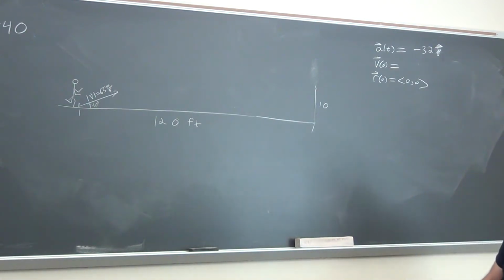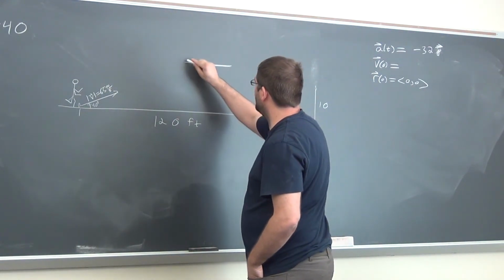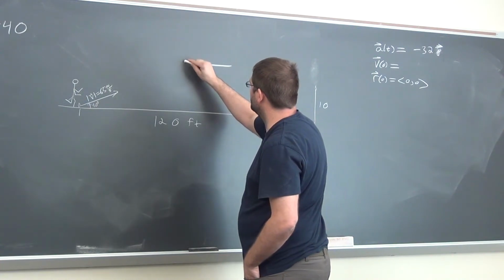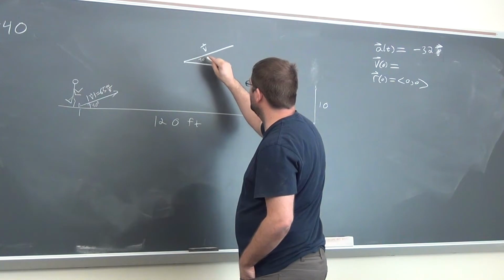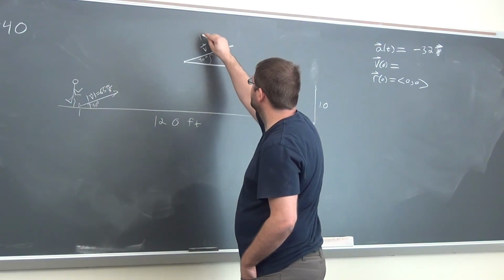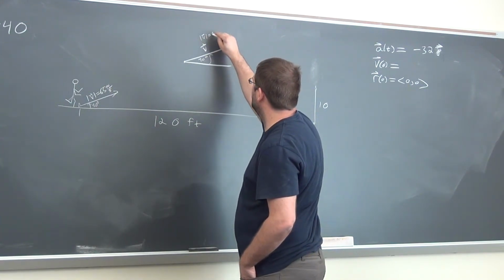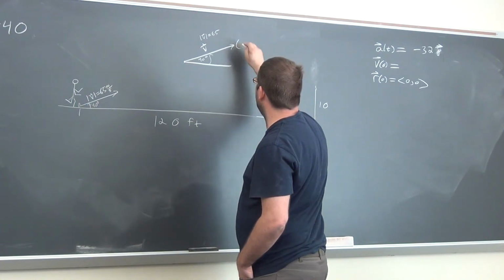Okay, so let's just keep working here. Let me pull this vector off. Here's your point 0, 0. I want to find this vector v where this angle is 40 degrees and the length is 65. So I just need to figure out the components here.